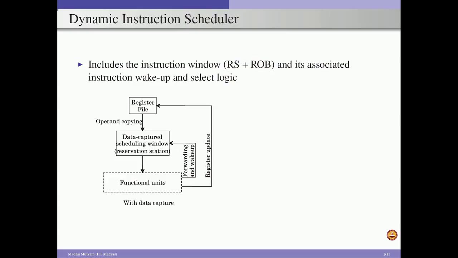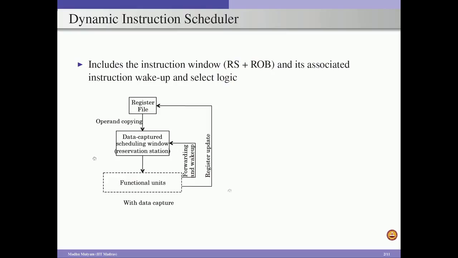Any instruction which is waiting for the operands for the corresponding register tag will get a wake up signal, and the value will be returned to the appropriate location in the reservation station, so that that instruction is now ready for executing on the functional unit. So, we pick the ready instruction which is selected by the selection logic, and we send it to the functional unit.